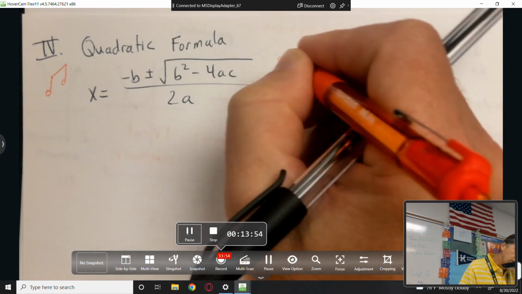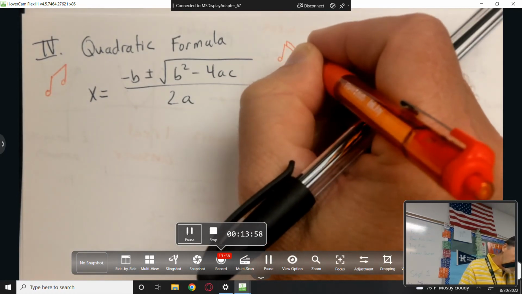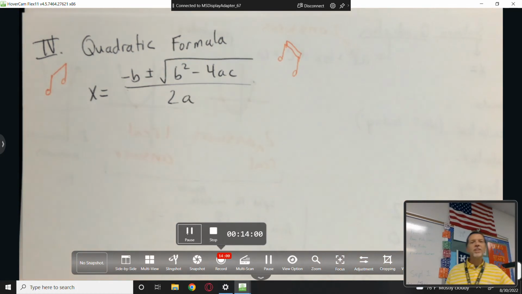And I'll even put some musical notes for people, just to remind you that there's a song that goes with that. Did you make the song? I did not make the song. Someone figured that out long ago, and ever since I heard it, I can't see the quadratic formula without singing the song. So it's how I have it memorized.